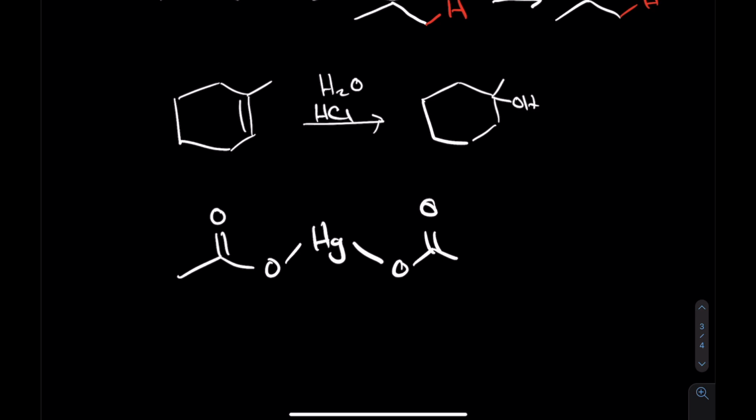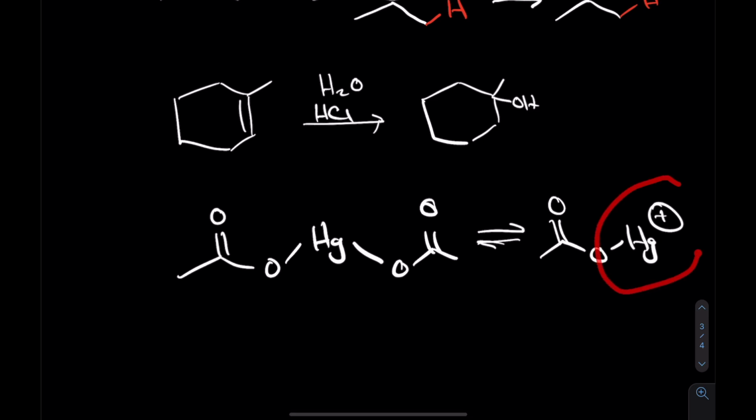All right, and this actually is in an equilibrium as a salt with this. All right, and that funny little reagent right there is really what you'd say is a Lewis acid, right? It's a metal, it's positively charged, and it is basically ready to go.